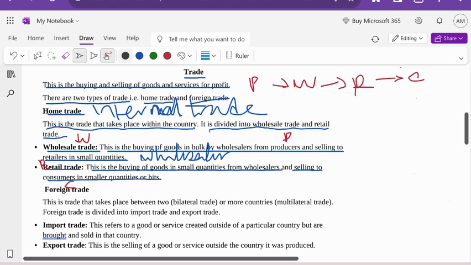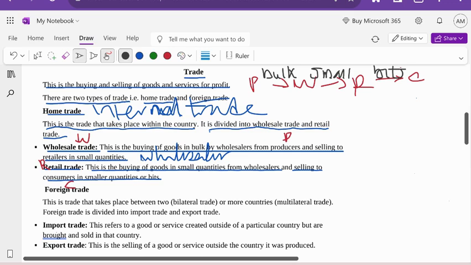Also, the wholesaler buys in bulk from the producer and sells to the retailer in small quantities, and the retailer sells to the consumer in bits or smaller quantities.